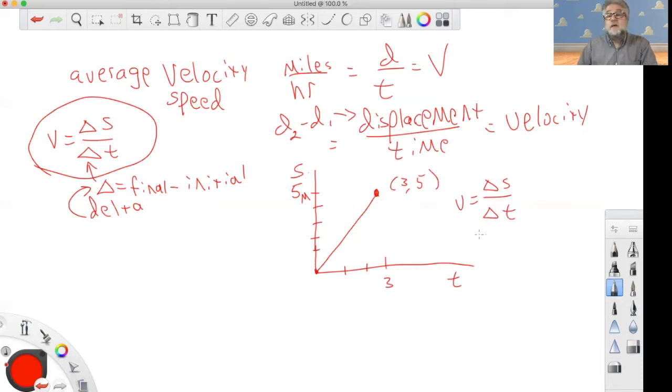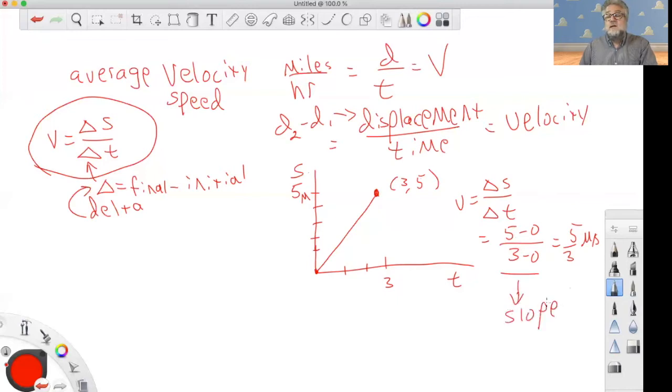So that would be, let's see, change would be final minus initial. So that would be 5 minus 0 over time, 3 minus 0. It would just be 5/3 meters per second. Okay, so that would be our distance. And that looks surprisingly like the slope equation.